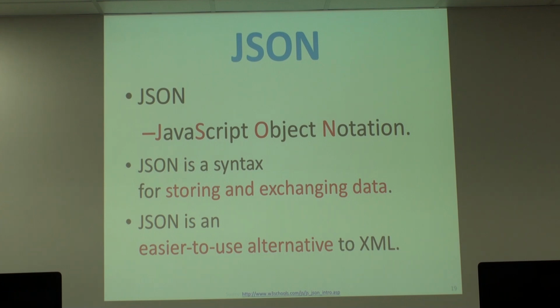Please do not use XML to exchange data, meaning that you don't need to transfer XML files to another mobile app or to a server, because JSON is lightweight. It's shorter, it's sweeter, it's a short and sweet solution, because XML is too big. A lot of description, right? So JSON is an easy to use alternative to XML.